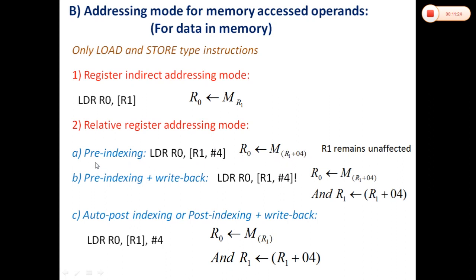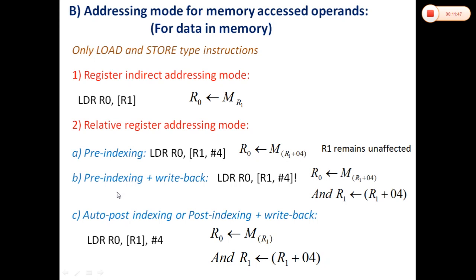That's why it is called pre-indexing type. In this example, R1 remains unaffected. Only the number is added to R1 and used to copy the operand to R0, but the content of R1 is not altered.